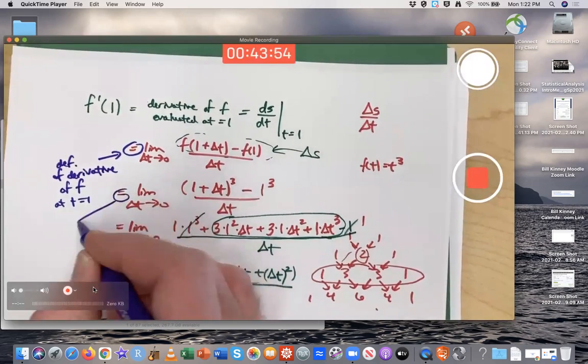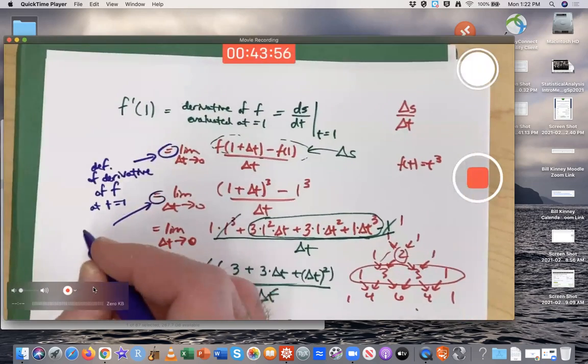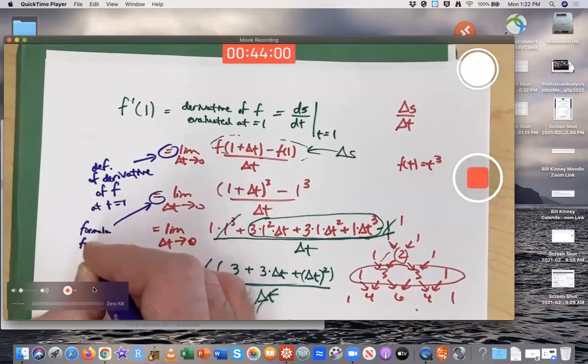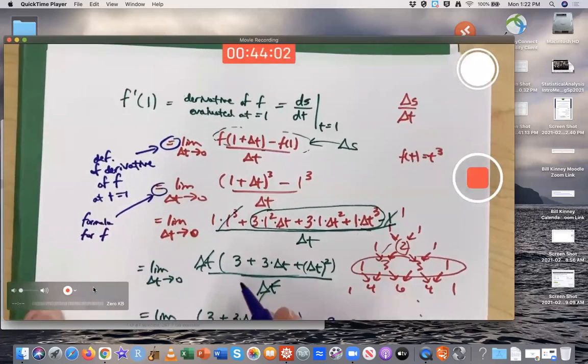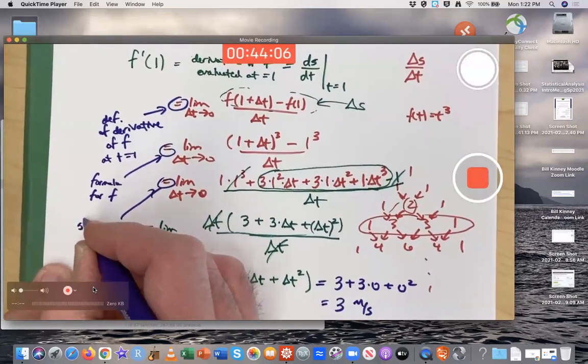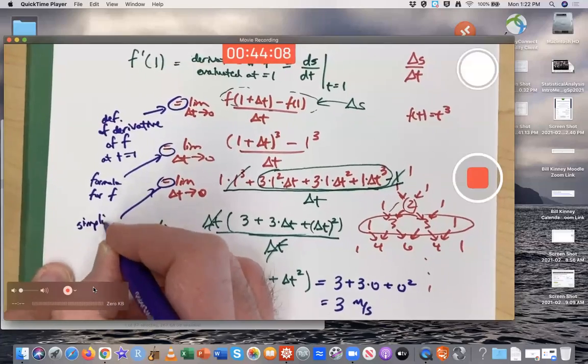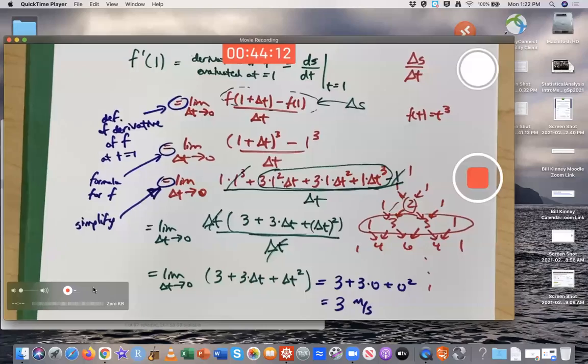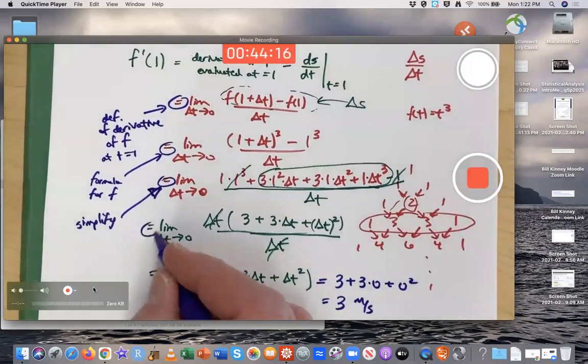This is just, well, substitution using the formula for f. This is just simplification. Simplify. If you want, you can say we use the binomial theorem there, but I'm not expecting you to. This is more simplifying.